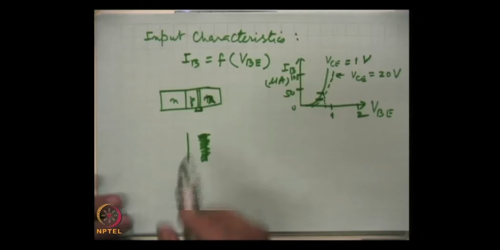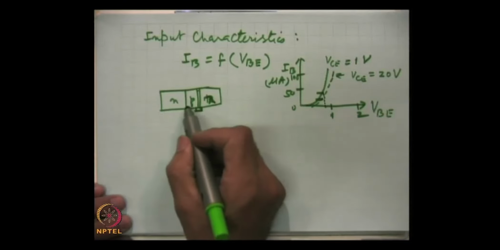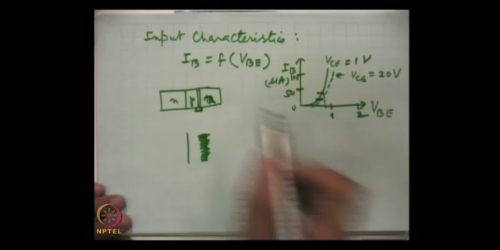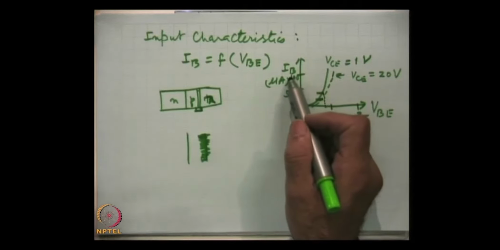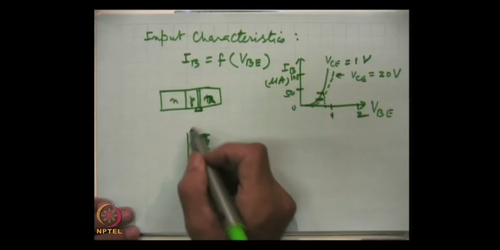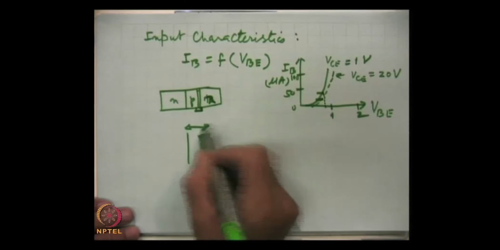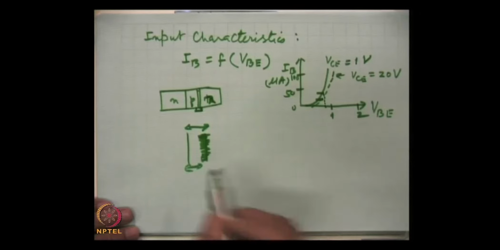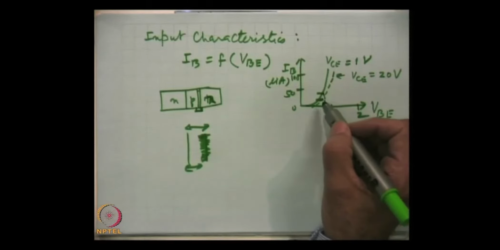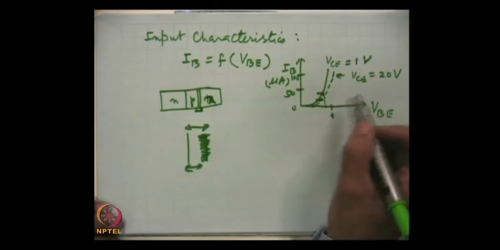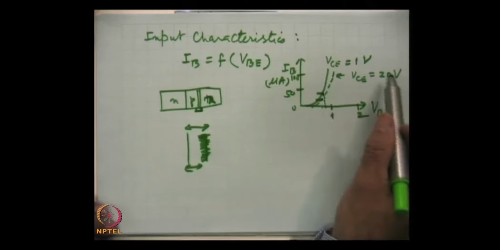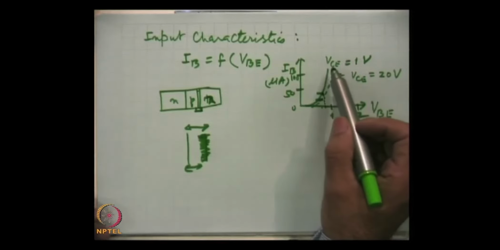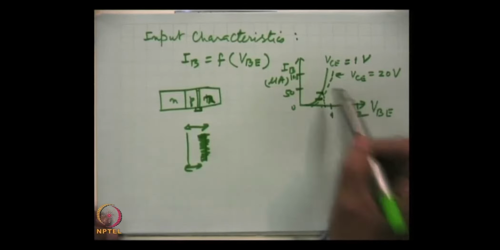As a result, the base width will fall, and hence recombination, base current is a recombination current, and when base width has fallen from this much to this much, lesser number of holes will recombine and hence the current will fall. So, that explains the input characteristics as a function of the collector emitter junction voltage.